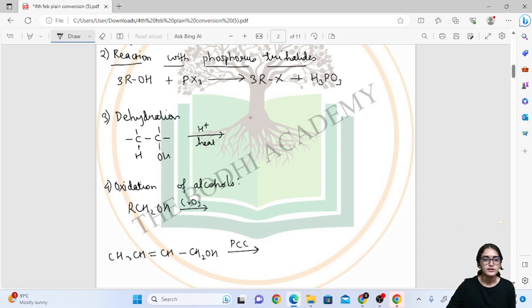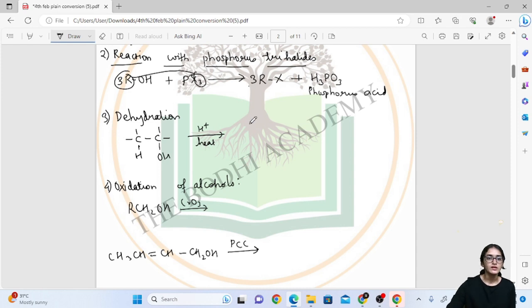The 3R and 3X combine with each other and give you 3RX, and the P, phosphorus, with the 3O and 3H combine and give this acid that is called phosphorus acid. So we will get an alkyl halide with phosphorus acid. These two reactions come under the preparation of alkyl halides from the previous chapter.